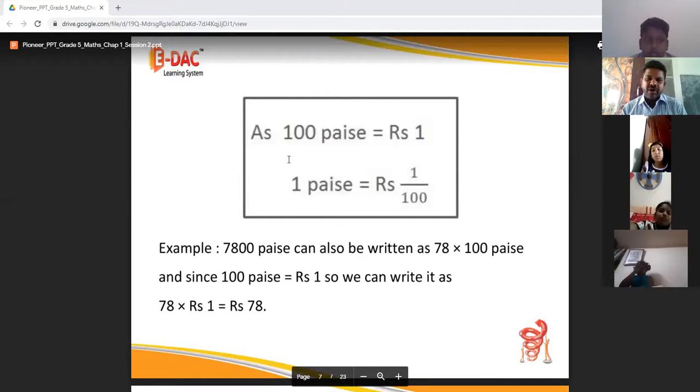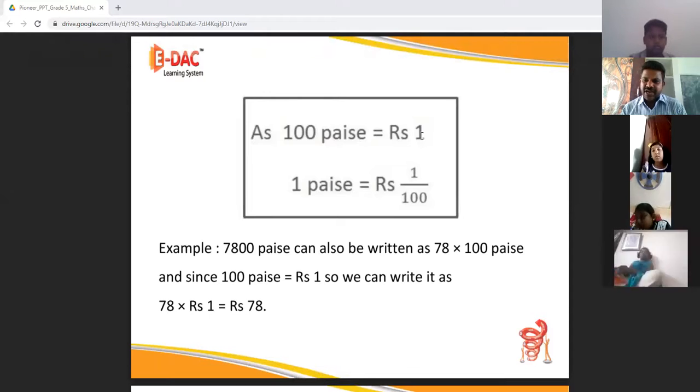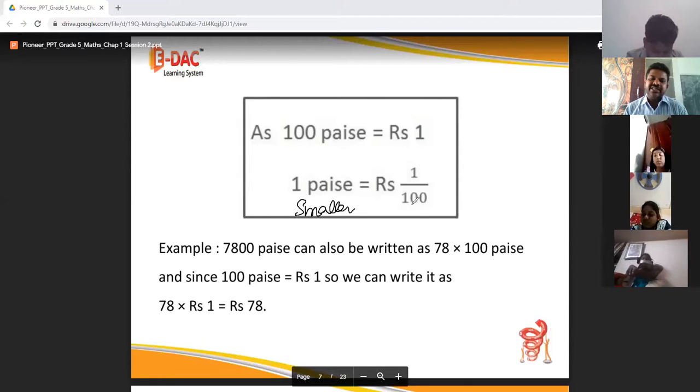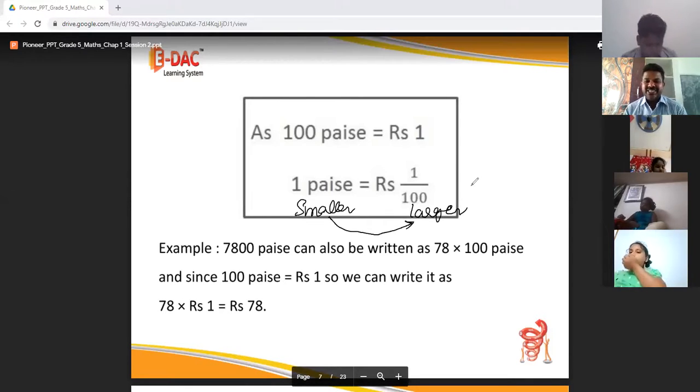1 rupee is equal to 100 paise, and 1 paisa is equal to 1 by 100 rupees. That means, to convert smaller units into larger units, we have already learned yesterday, it is division by the respective number.